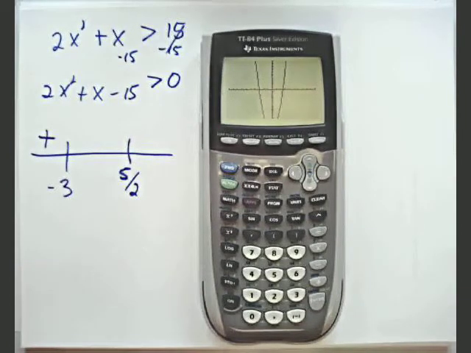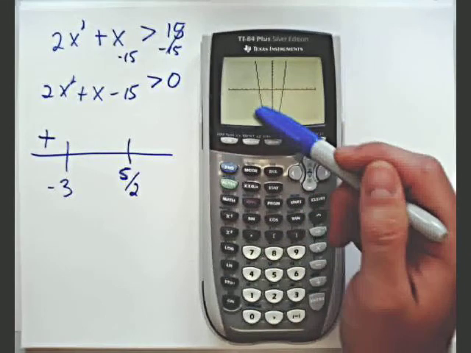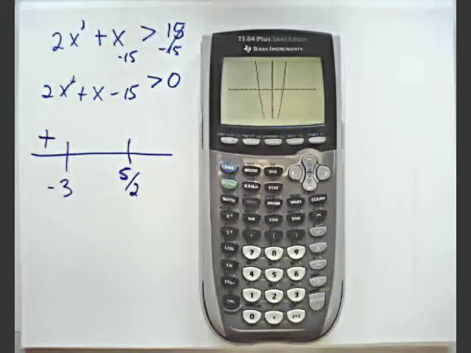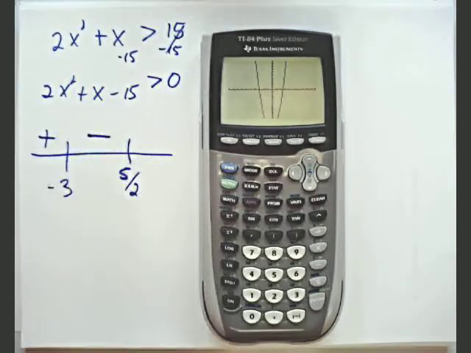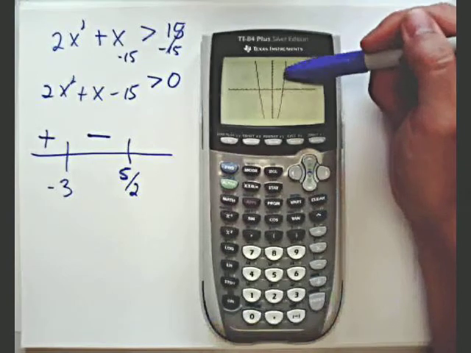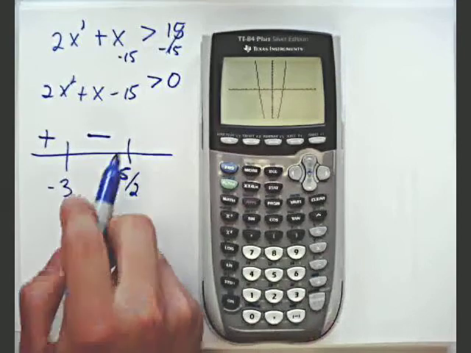Between -3 and 5/2, that's this part of the graph, it's below the x-axis, so we'll write negative. And for our last part, greater than 5/2, that's this part, and that's above the x-axis, so we'll write positive.